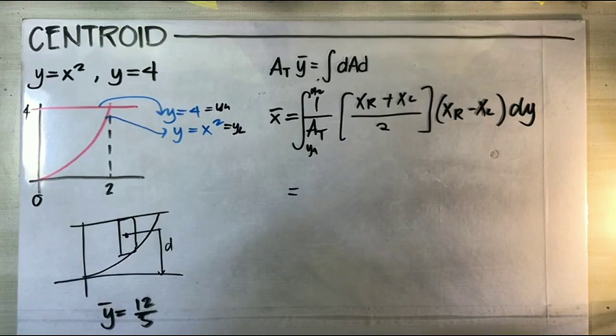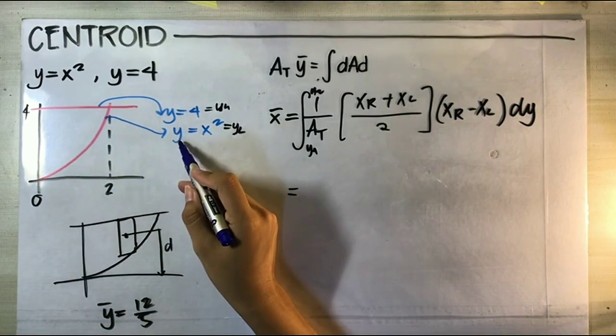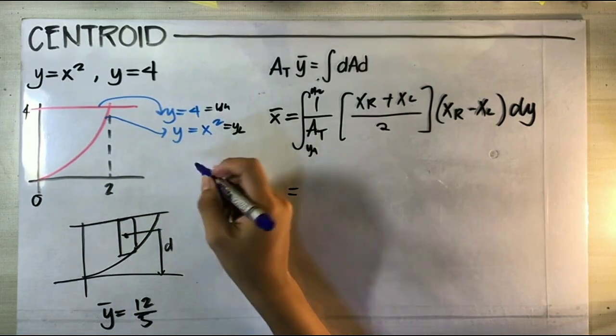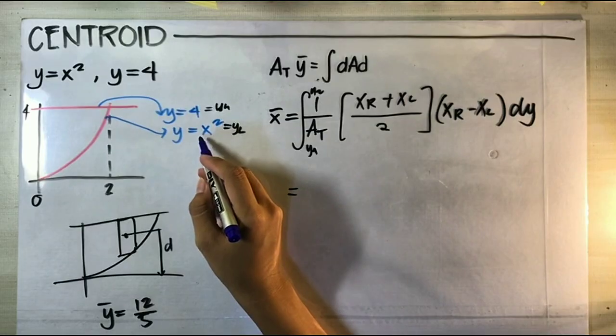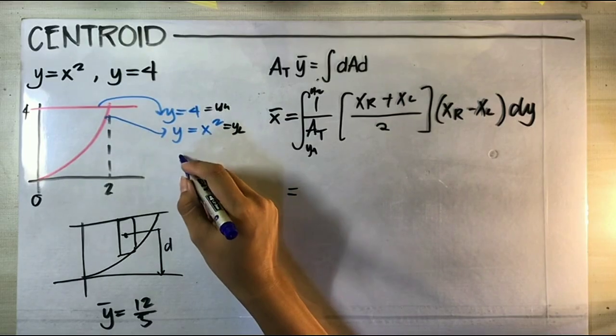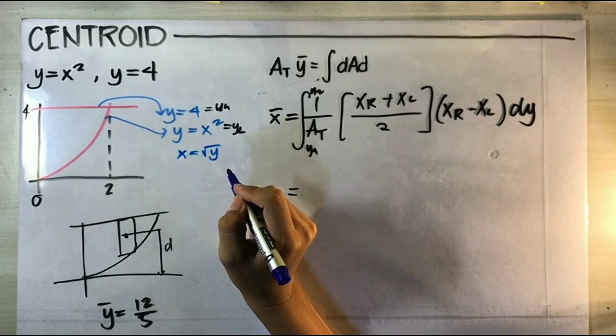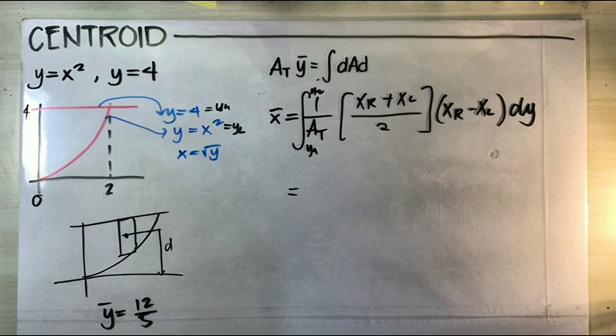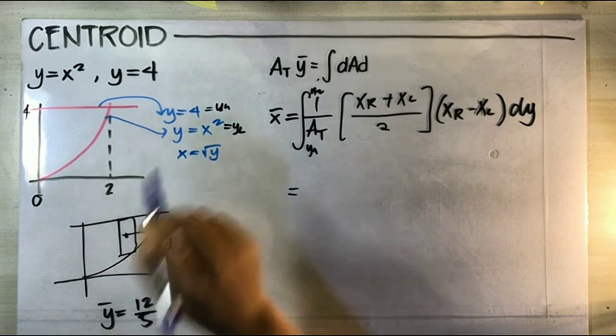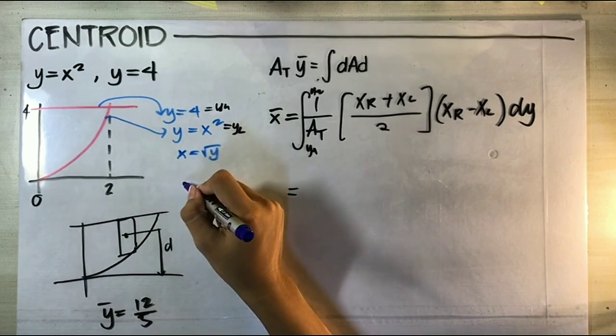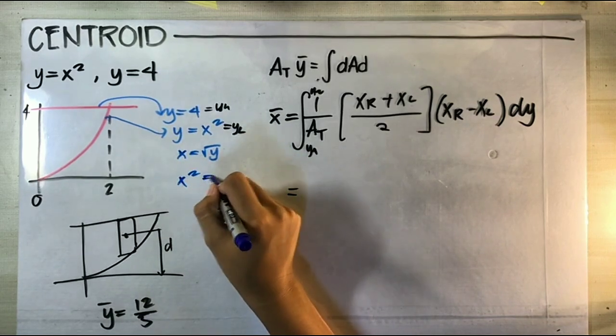So we can get it here. So if we get the square root of both sides, we can get x is equals to the square root of y. Right? So if y is equals to x squared, so x squared equals to 4.